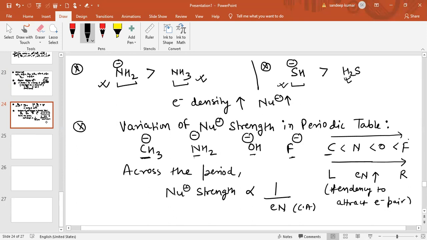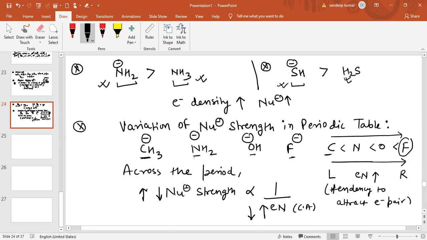More electronegativity of the central atom means less nucleophilic strength. Less electronegativity of the central atom means more nucleophilic strength. The electronegativity of fluorine is highest, therefore its nucleophilic strength will be lowest.